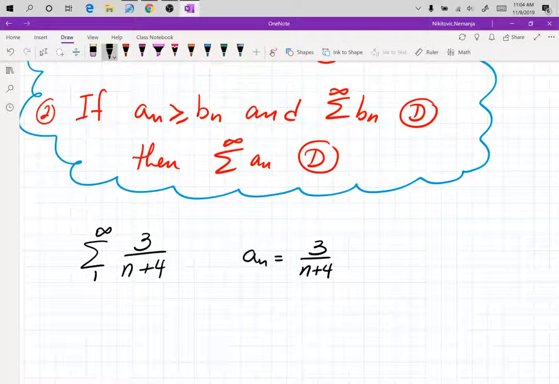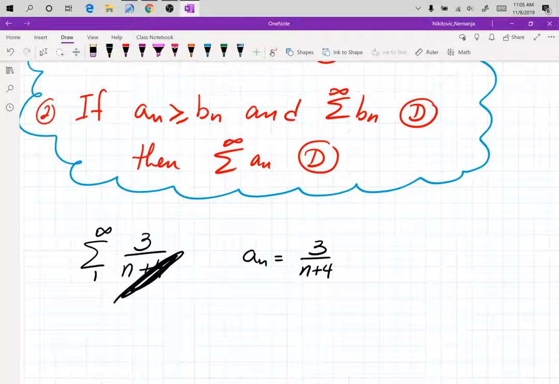And you look at this and you say, this would be an amazing P series, harmonic series, whatever you want to call it, if this stupid plus 4 wasn't there, because you would be able to claim divergence instantaneously. Because last class we learned that the harmonic series, sum of 1 over n, diverges.